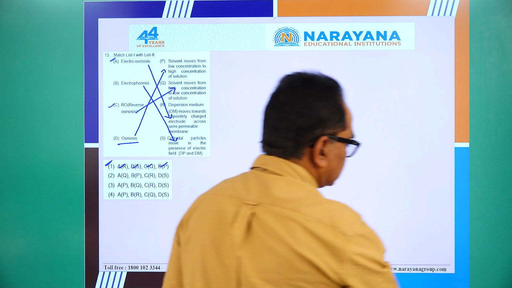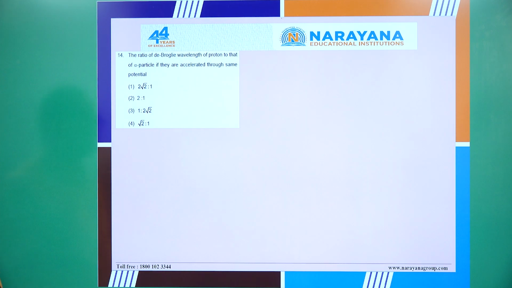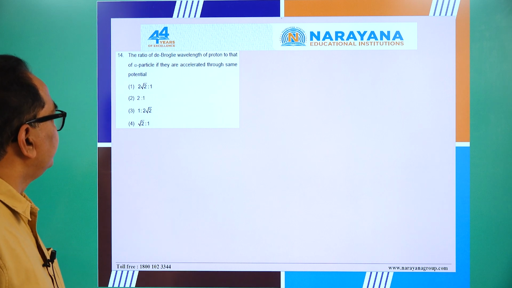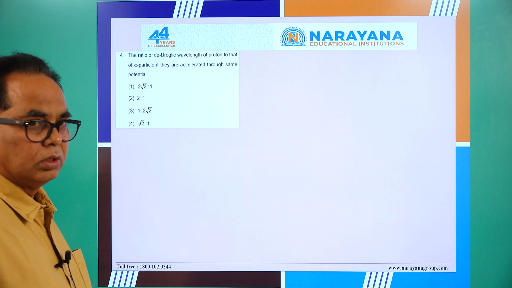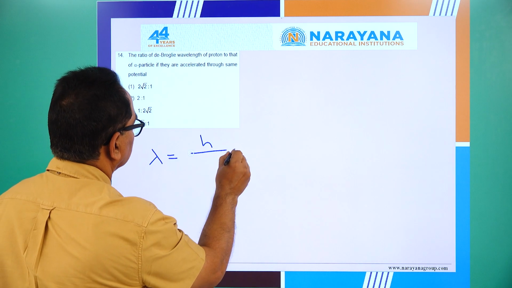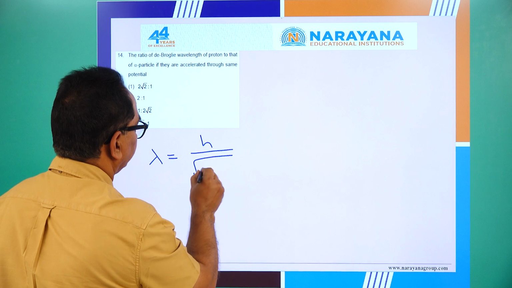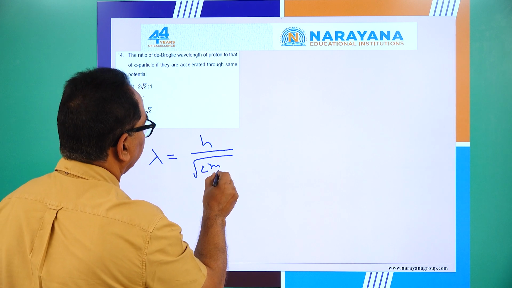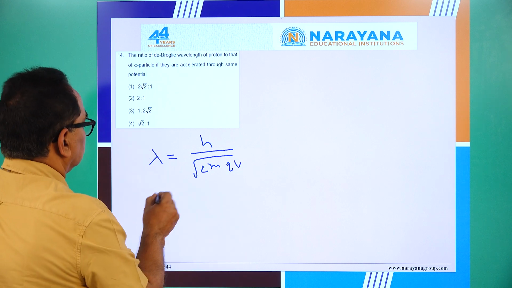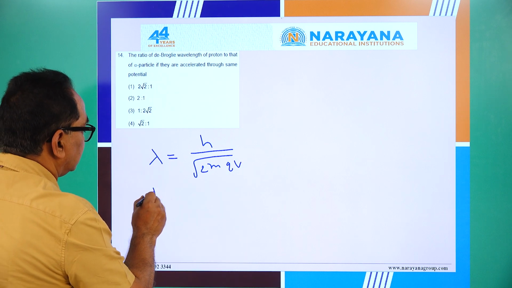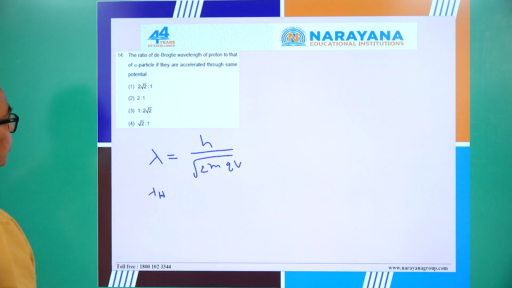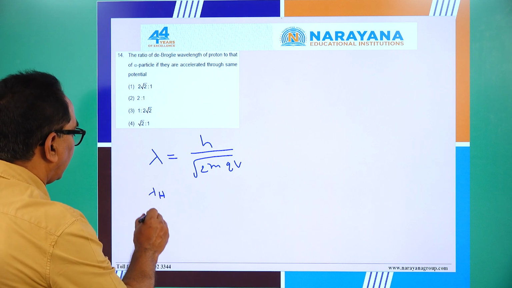Moving to the next question: the ratio of de Broglie wavelength of proton to that of alpha particle if they are accelerated through the same potential. Lambda is equal to h by square root of 2m into q into V. Here we have to compare the de Broglie wavelength of a proton and an alpha particle.